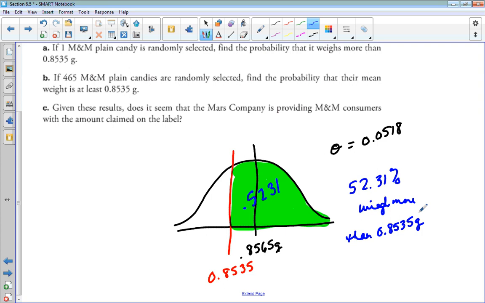If 465 M&M candies were randomly selected, find the probability that their mean weight is at least 0.8535.